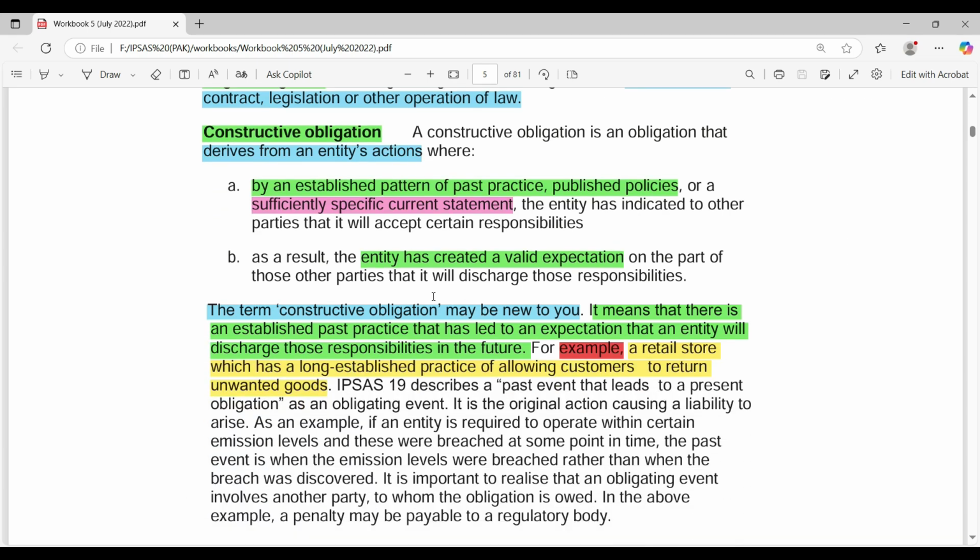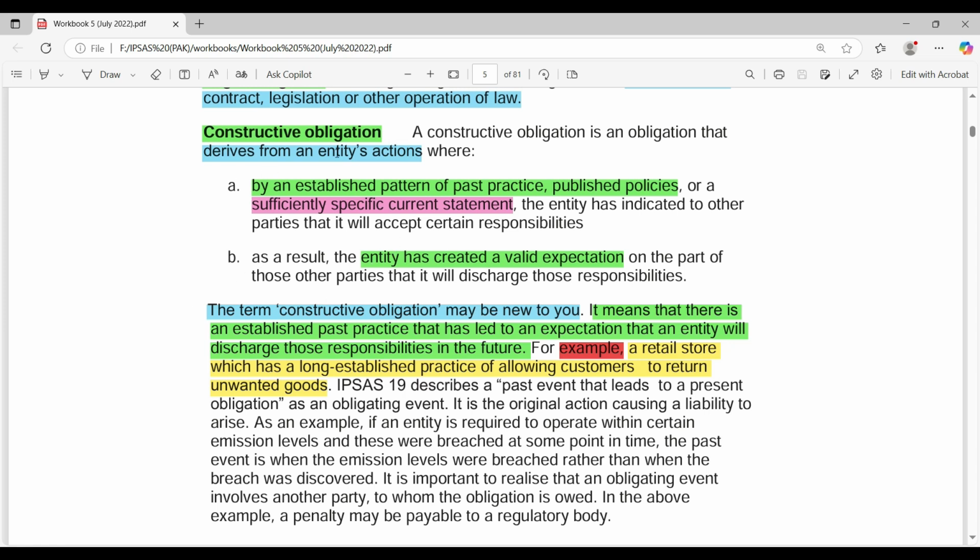The creation of valid expectations by an entity is also a constructive obligation that it will discharge its liabilities in the future, and there will be no difficulty in that regard.